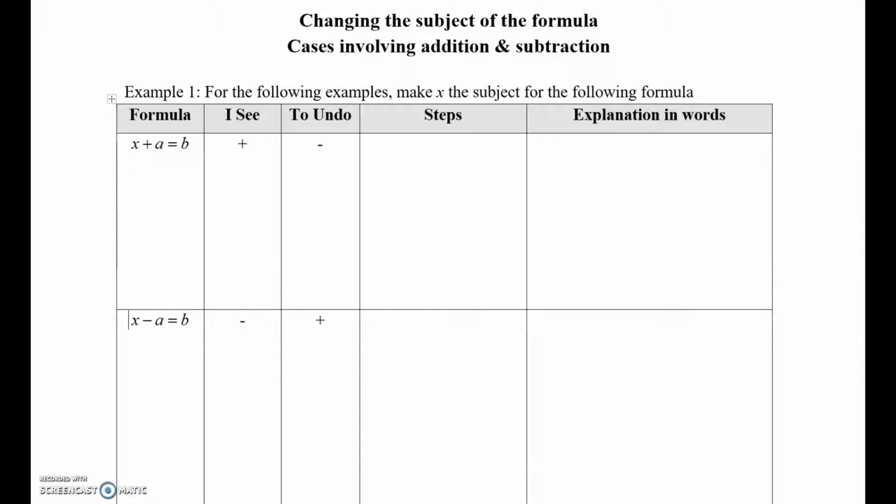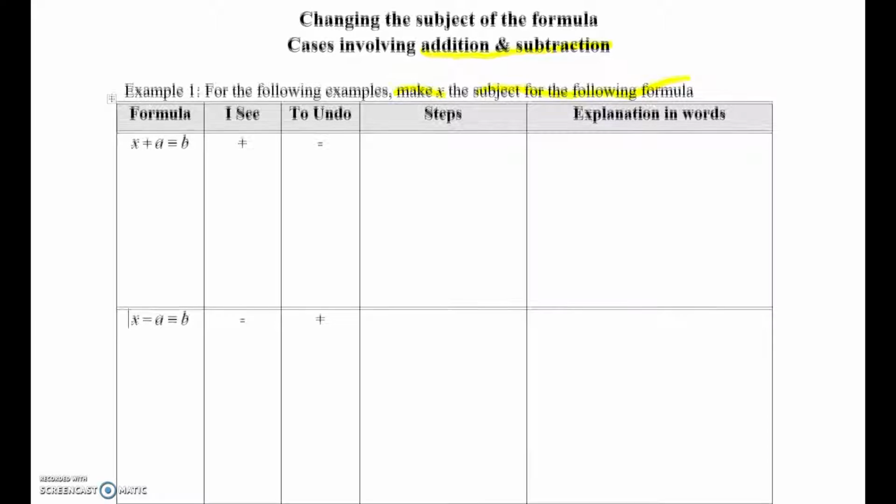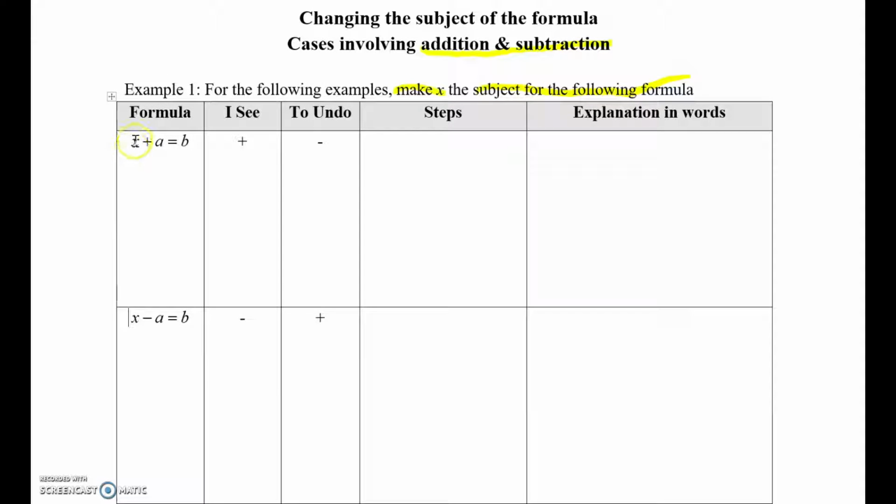Let's try an example on changing the subject of a formula for cases involving addition and subtraction operations. For example 1, we want to make x the subject of the following formulas. For the first formula, we have x plus a equals b.